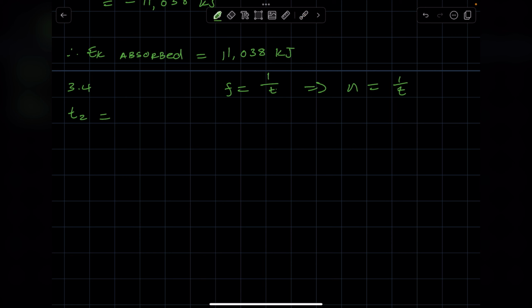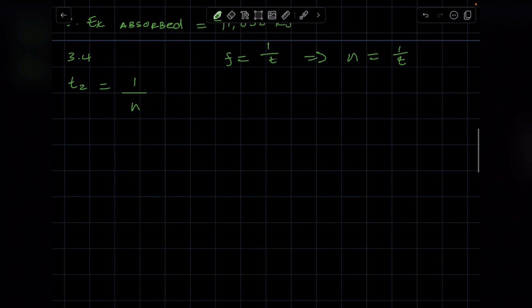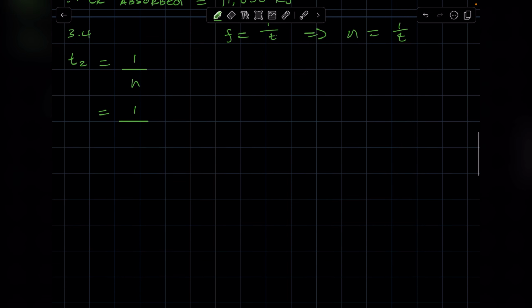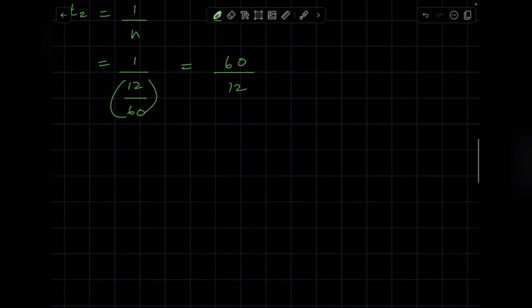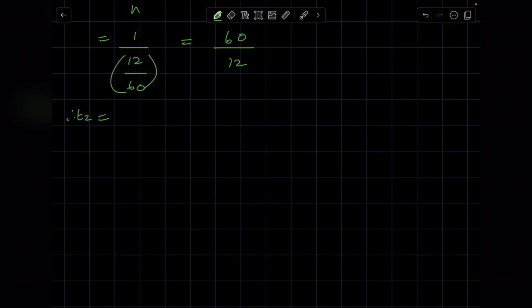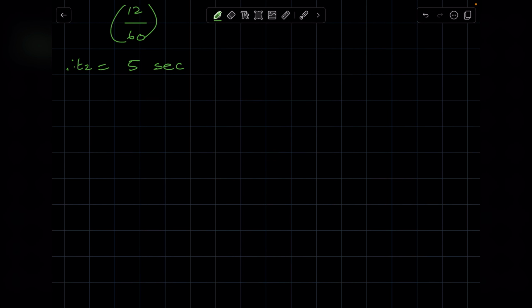To get T2, you say 1 divided by N, which is the frequency. 1 over N is 12. Now 12 is per minute, so we convert that to seconds by dividing by 60. So T2 is 60 over 12, which is 5 seconds. So we have T1 as well as T2.